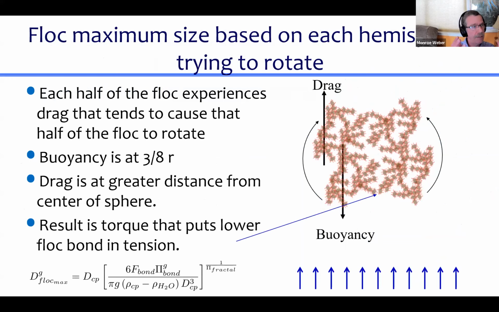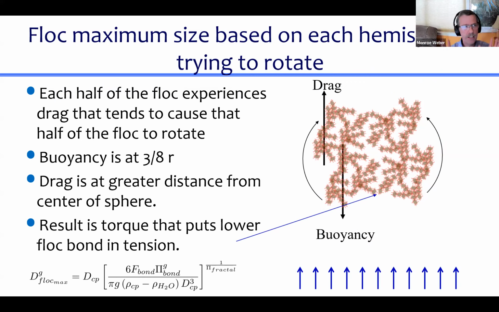So we have a flock that is falling out of the plate settlers. It's a bunch of green guys that have joined together to form a big, monstrous blue guy. It should actually be another color yet, it's bigger than a blue guy. And as it's falling, it's experiencing shear. I think this is a little bit messy to think about, but think about a sphere, forget about the fact that it's a flock for a second.